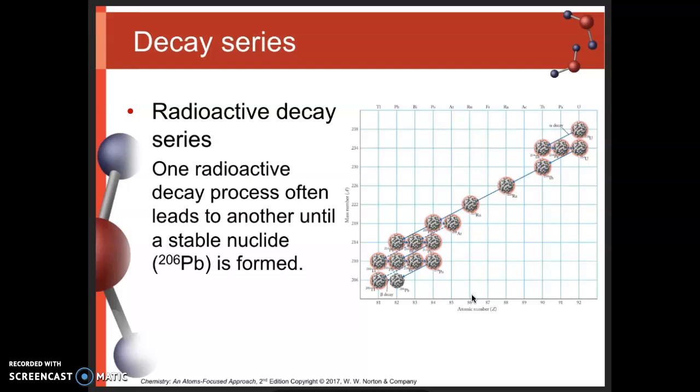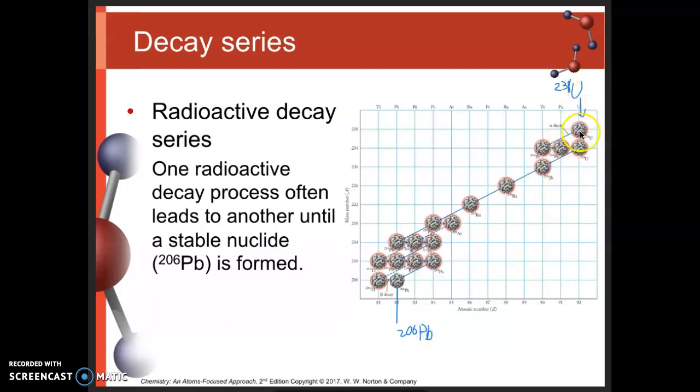That is a radioactive particle, which we're starting way up here with uranium-238. May take a long time to get to something that is actually stable. The stable icon here is actually lead-206, atomic number 82.